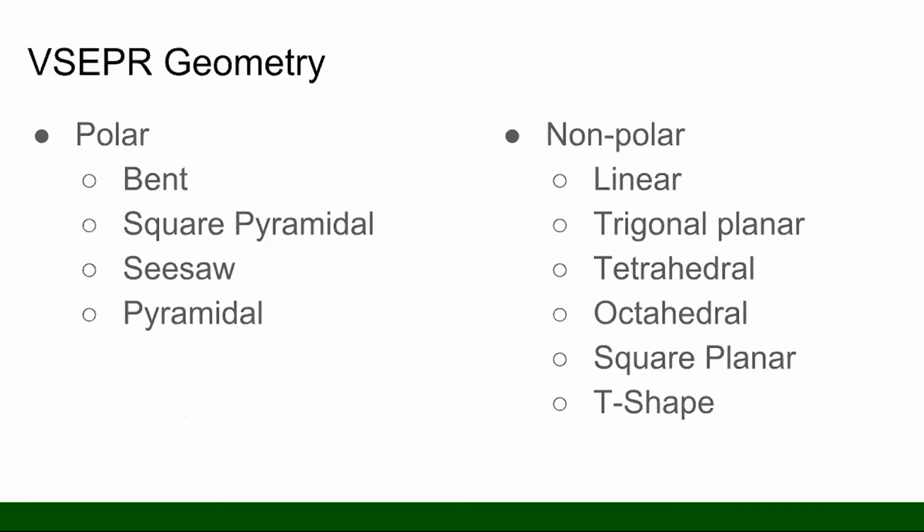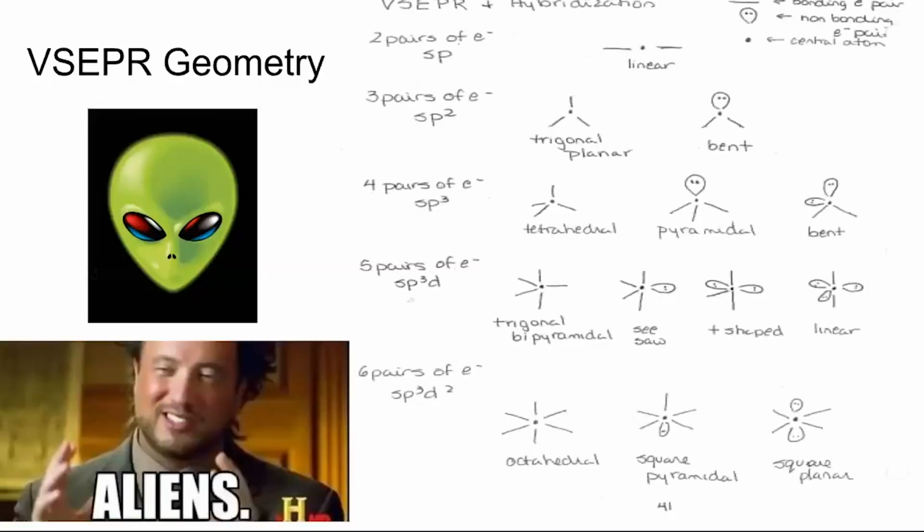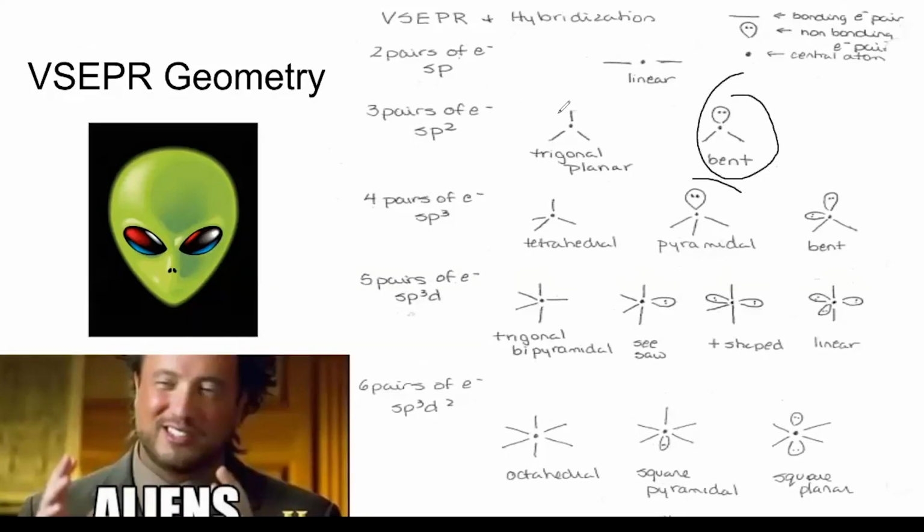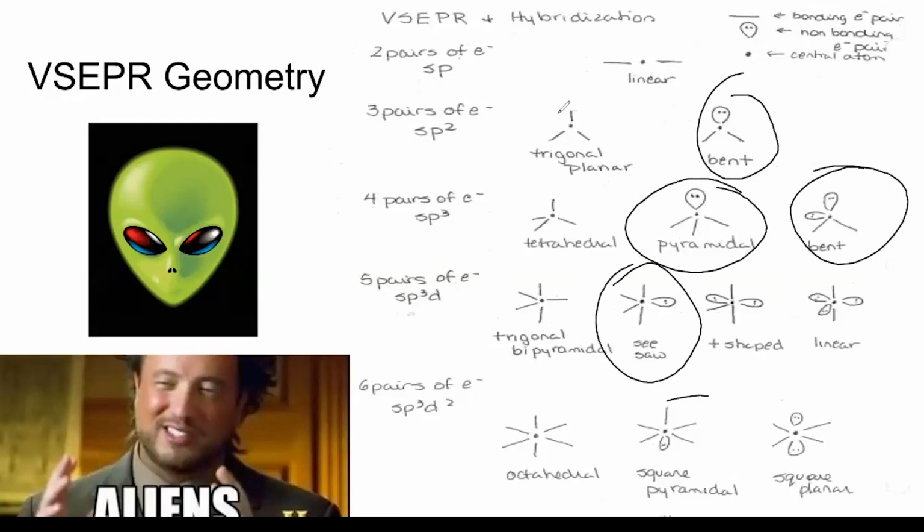So yes, and here's the chart. Kind of all look like little aliens and stuff. And I said before, your bent, your pyramidal, your seesaw. I believe these are the ones that should be the polars. So your bent, your pyramidal, your seesaw, this other bent over here, and your square pyramidal.